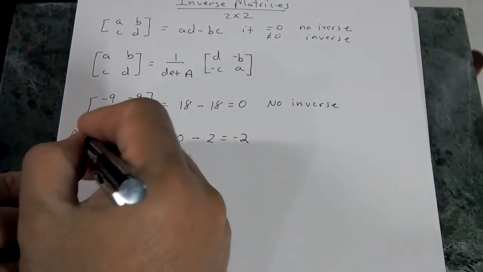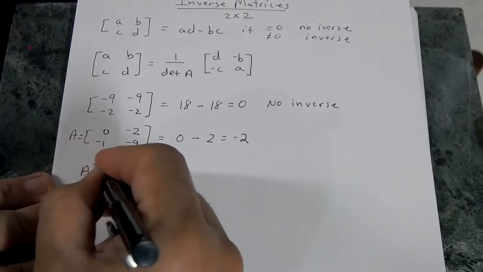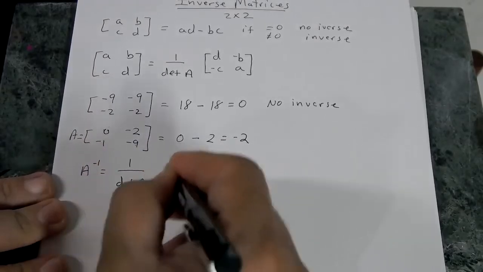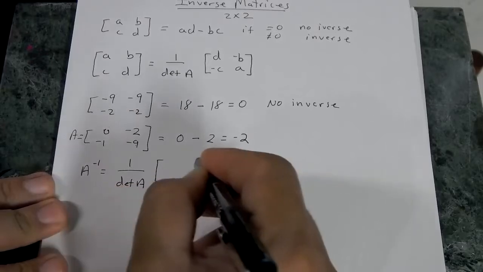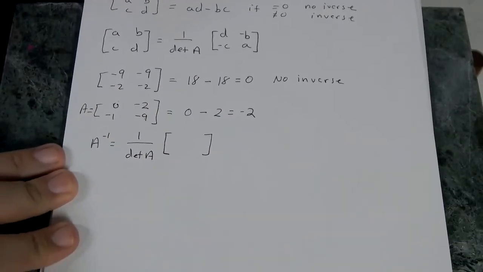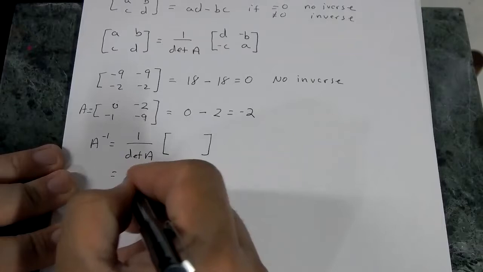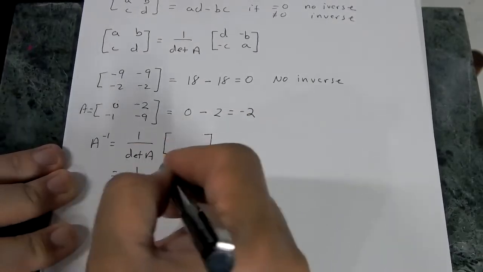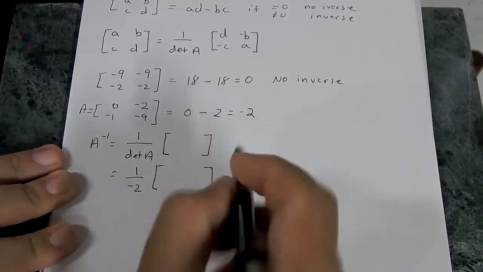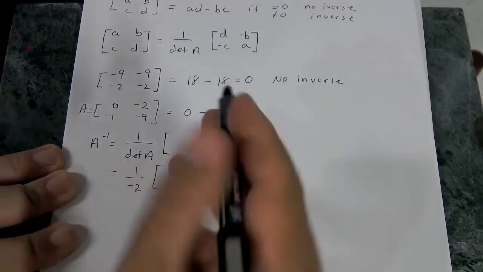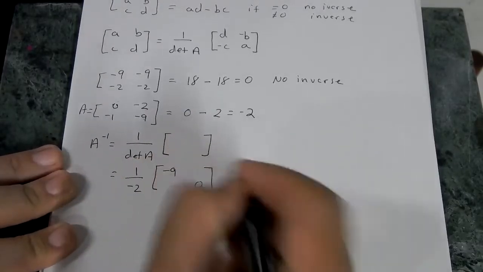If this was A, the inverse is 1 over the determinant of A times this flip. So 1 over its determinant, which was -2. Flip the main diagonal. We had 0 and -9. If I flip it, that becomes -9 and 0.